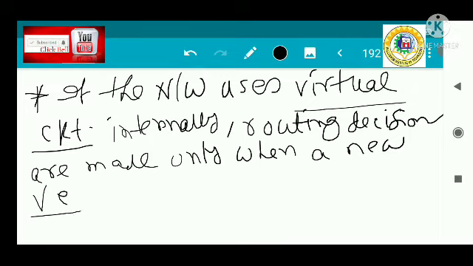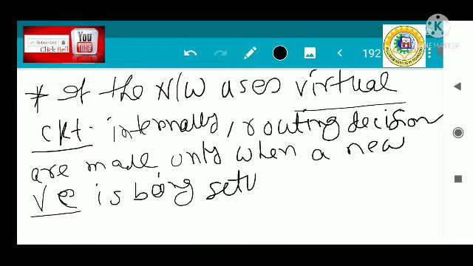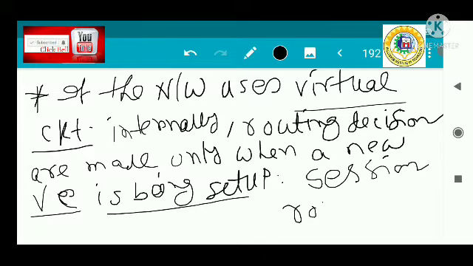So whenever the virtual circuit is being set up, the routing decision is already made. It is not made every time a new packet comes into its incoming node. So this case is sometimes called session routing.